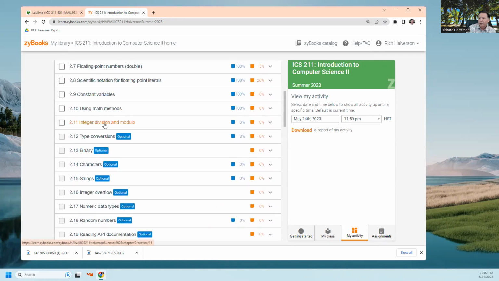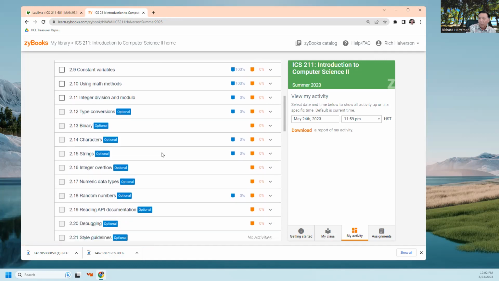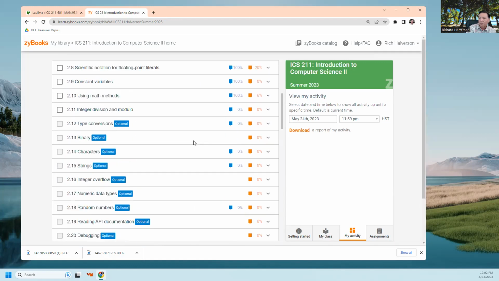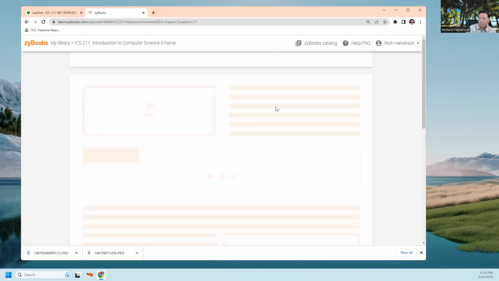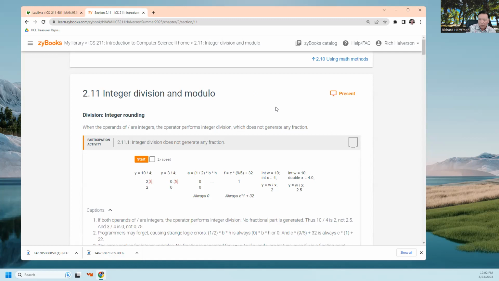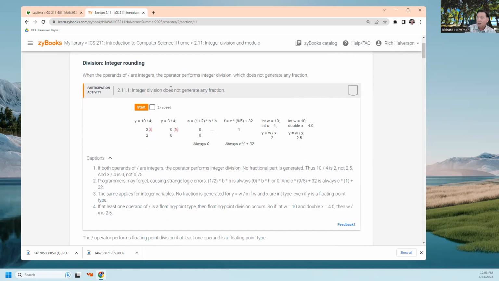Okay. Oh, I got to do integer division and modulo. And then I get to do the train. All right. Integer division. In this language, a slash is either integer division or floating point division based on the operands. It's always a slash, though. It's not like you got two slashes for an integer. Integer division does not generate any fraction.